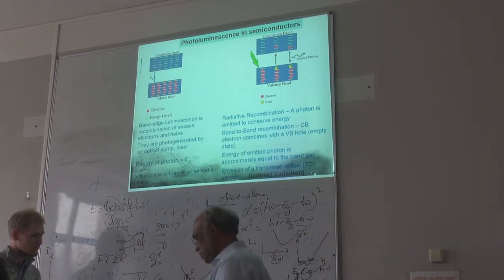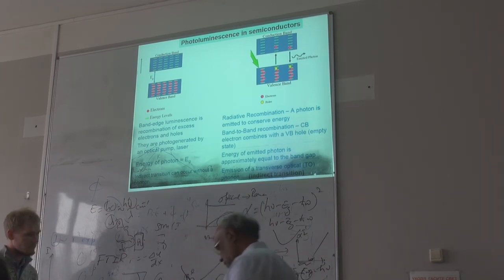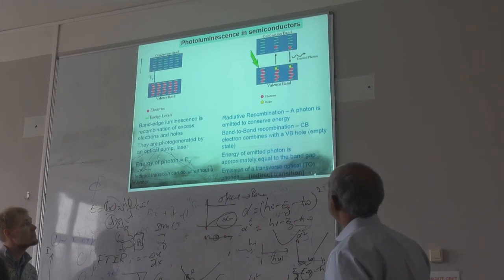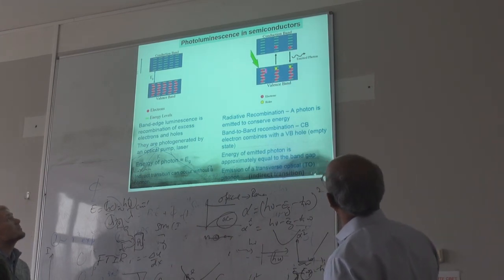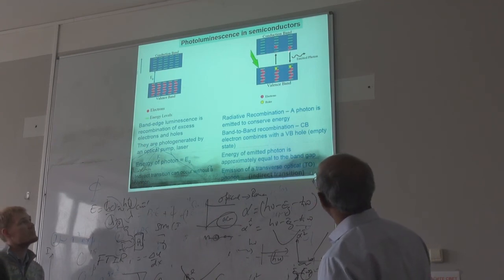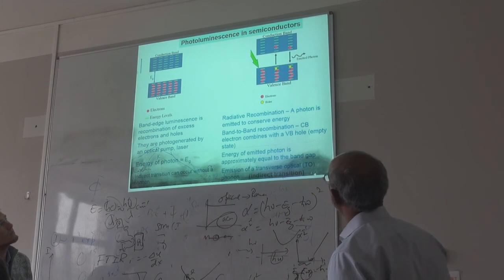Right? So that information you can get from photoluminescence. This is what I was trying to say. With this one you excite here, they will come down here and emit a photon.